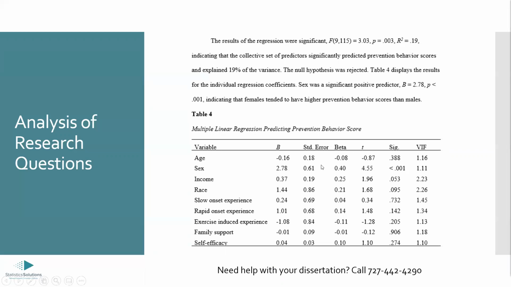And usually you would present these in a table. So we have a table here with all of our predictors, which presents the regression coefficients and the significance values. And in our narrative, we have some explanation for which predictors were significant. So in this case, we see that sex was a significant predictor of our outcome.